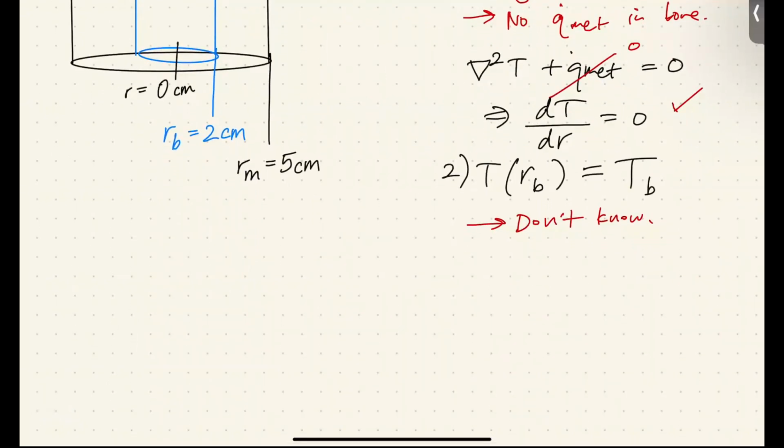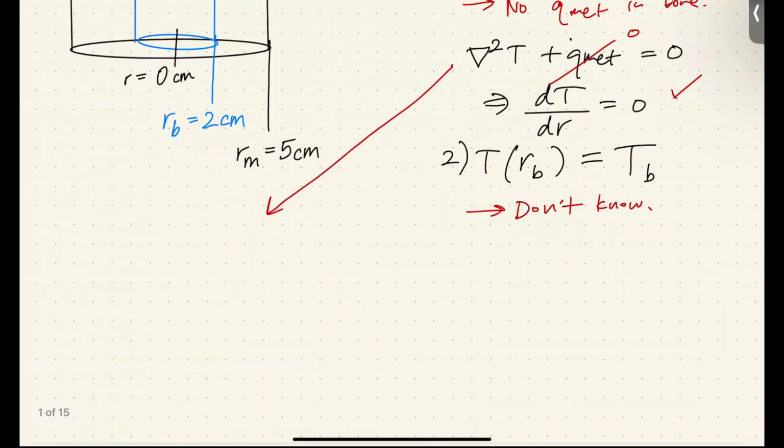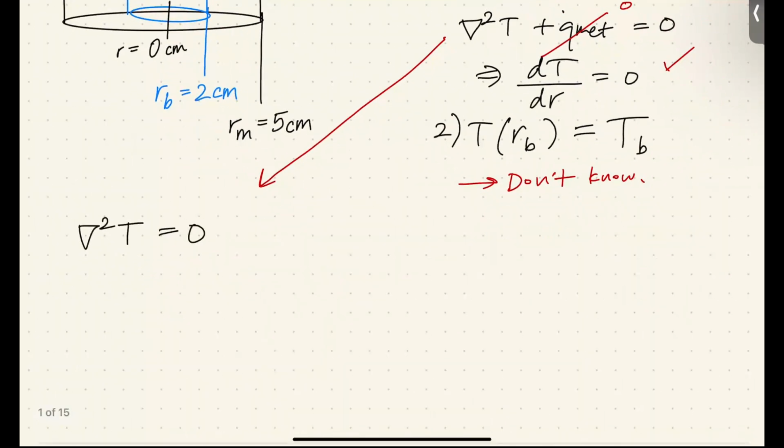Great. And then we're actually going to jump right into what we were doing up here. We're going to bring that down. So we have our Laplacian operator equals 0 for temperature. And when we write this out, as we derived in quiz section, starting with the conservation of energy, it boils down to this, and we were able to simplify in this way.